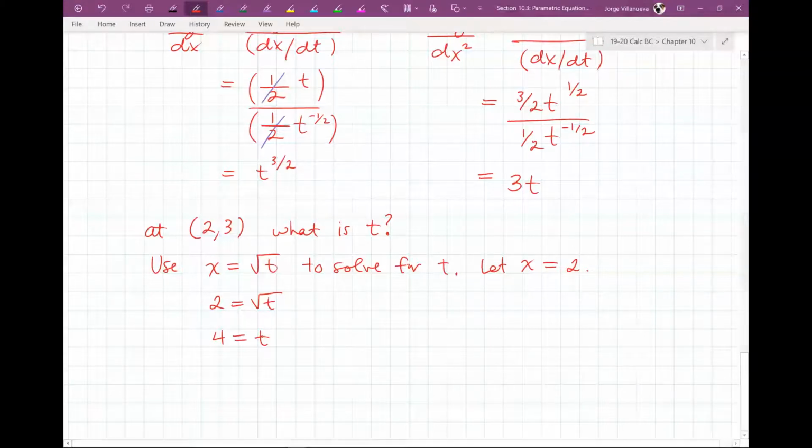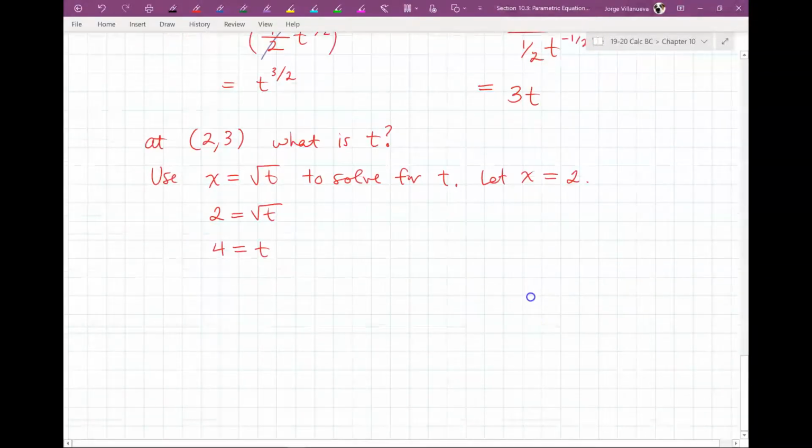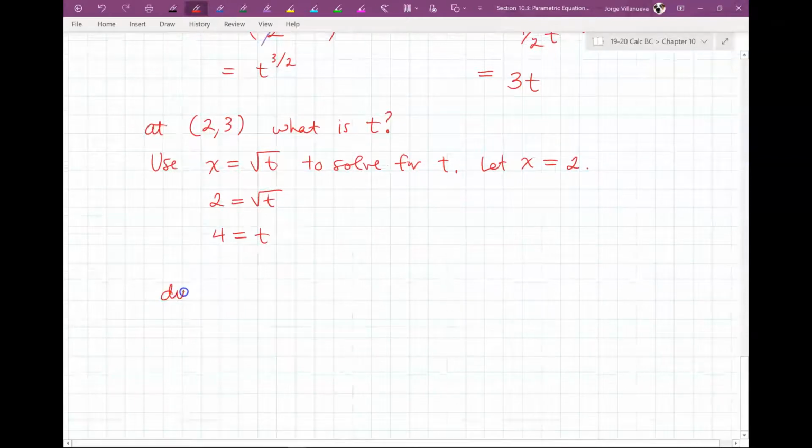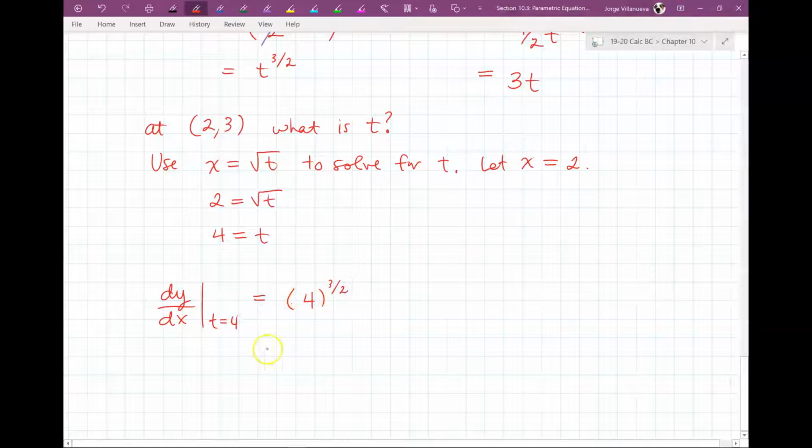So all I have to do is go back to my original answers and plug a 4 into the values, and I have my answer for what's the slope and what's the concavity. So let's see. dy/dx when t equals 4 is 4 to the 3 halves, which is 2 cubed, so that's 8.